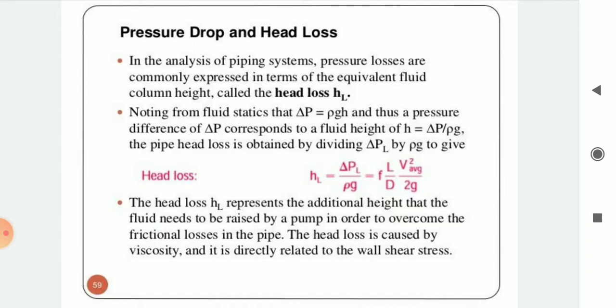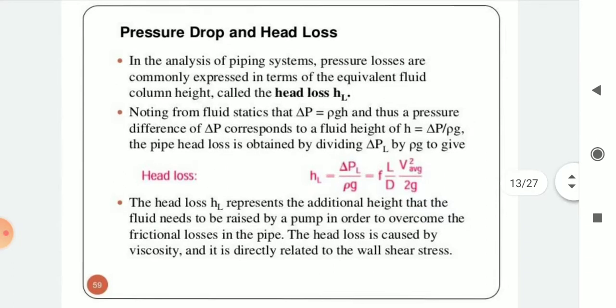The pipe head loss is obtained by dividing ΔP_L by ρg to give head loss hL = ΔP_L/ρg = f (L/D) (V_avg²/2g).